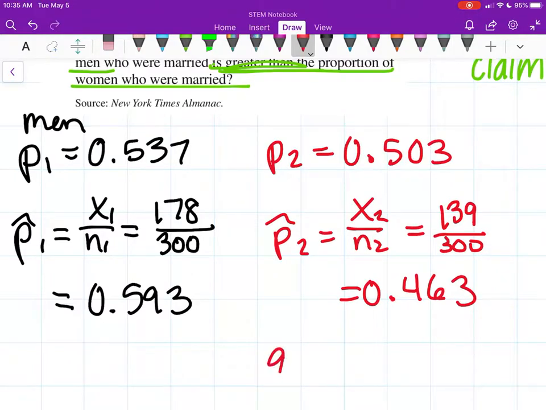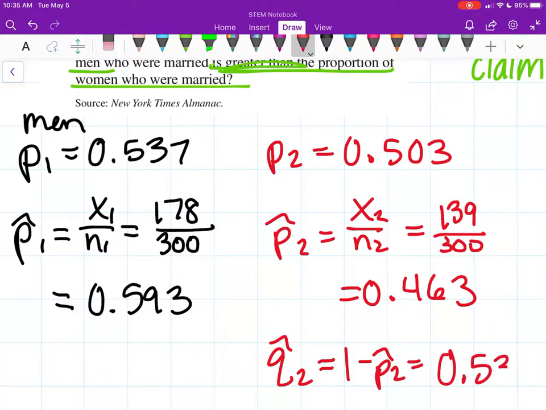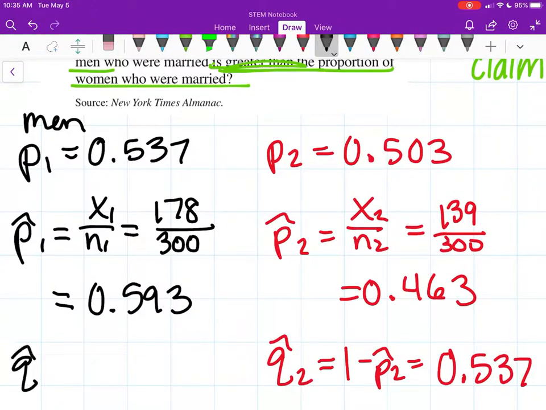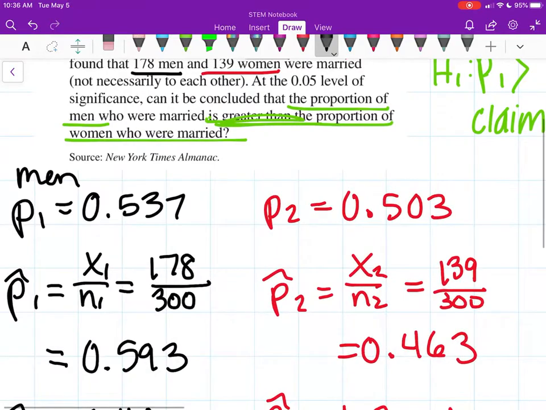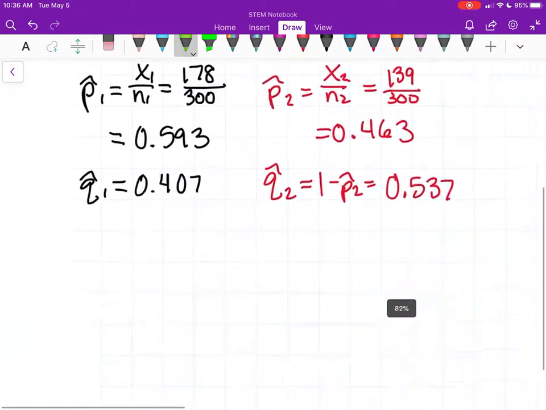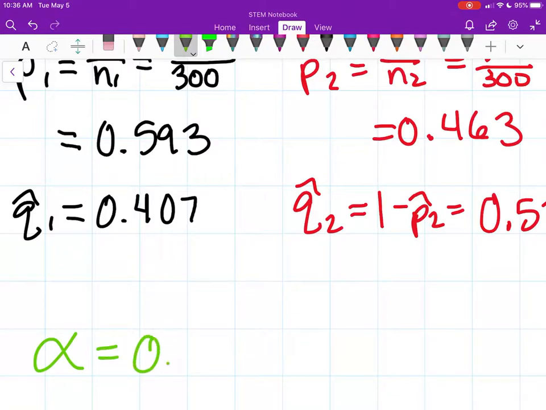Now remember, Q hat is 1 minus P hat. So 1 minus P hat 2 is equal to 0.537. And same thing with Q hat 1: 1 minus P hat 1, which is 0.407. And then they tell us at the 0.05 level of significance, so we have alpha equals 0.05.